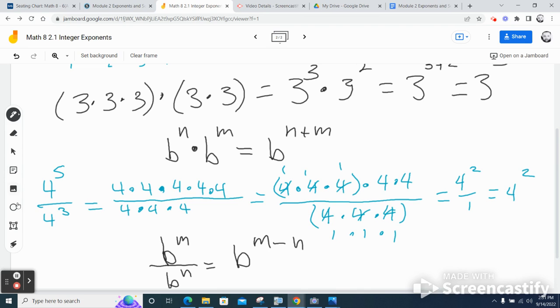I'm going to switch these around so the convention isn't confused. I'm going to make this m, and I'm going to make this n, as usually they go in alphabetical order, m and n.